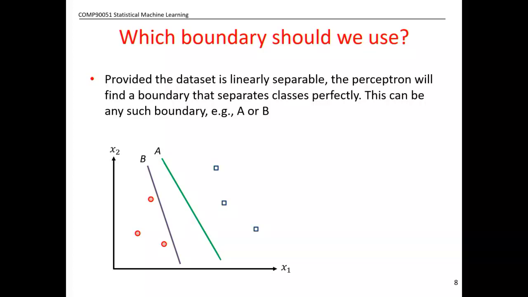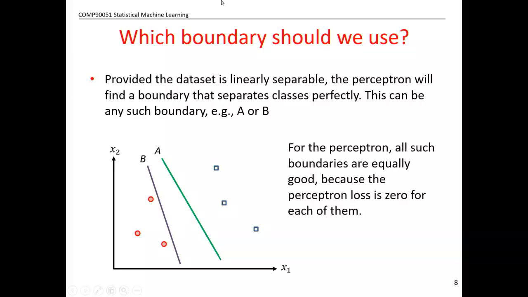So the perceptron just finds something that gets perfect training accuracy. It doesn't have any particular preference for one decision boundary or another, but the SVM does. Okay, so for the perceptron, A and B would have been equally fine. It might have found either of them depending on the random initialization.